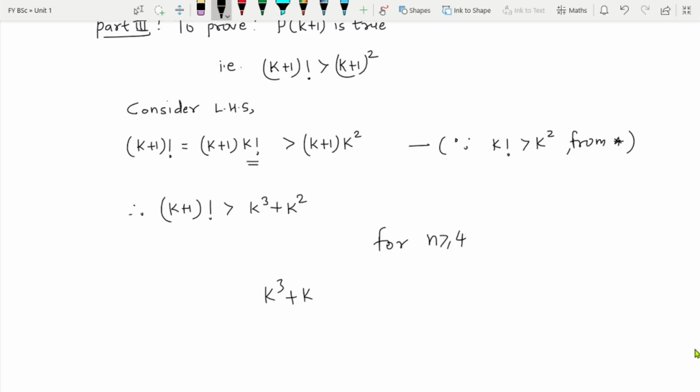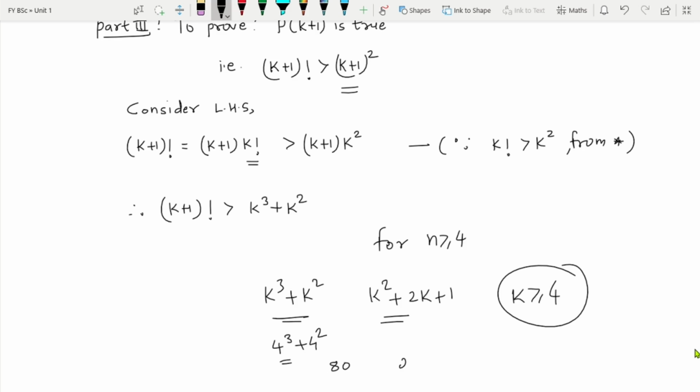And 4 cube is 64, 64 plus 16 is 80. So 80, and on this side 16 plus 8 plus 1, that is 25. So you can see that 80 is greater than 25.